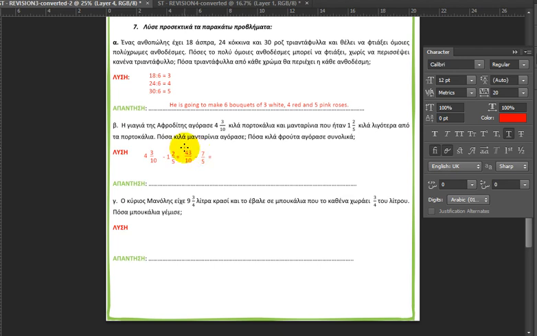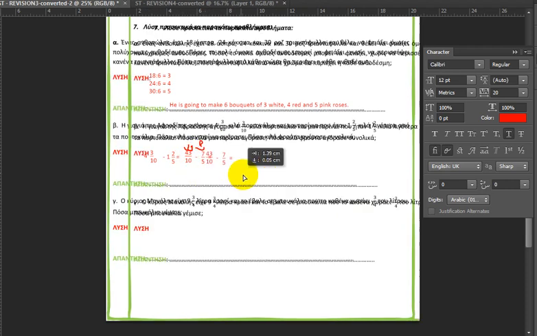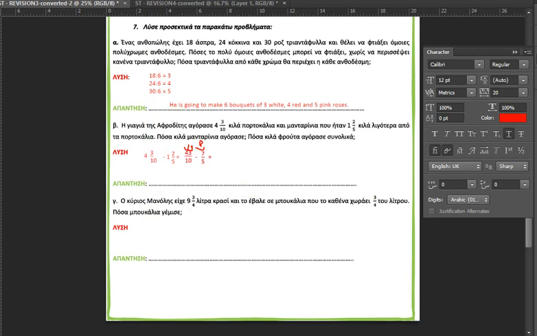That is 10, which means this hat has a 1 and this hat has a 2, which means these fractions turn into 43 tenths minus 14 tenths.